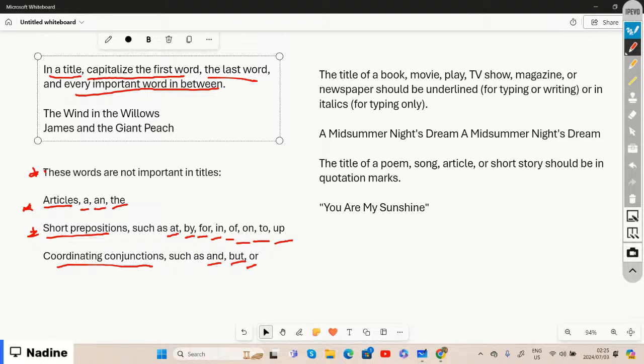All right. And if we look at the second title, it says James and the Giant Peach. The first word James is capitalized, the last word Peach is capitalized, and the important word is giant.